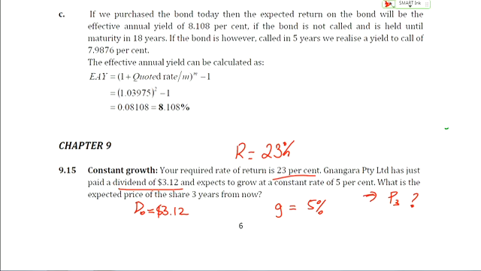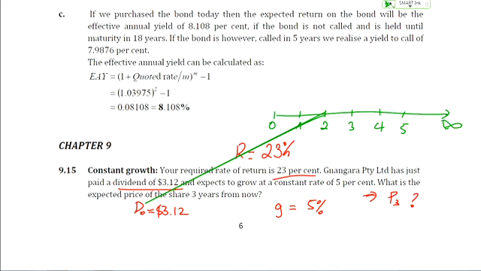Before you do any calculation, look at the question. They ask you to calculate the price 3 years from now. What would be our relevant future cash flows? So we are standing here today, time 0, and you know that if you bought the share, you are going to receive dividend every period, and there is no maturity related to the share.